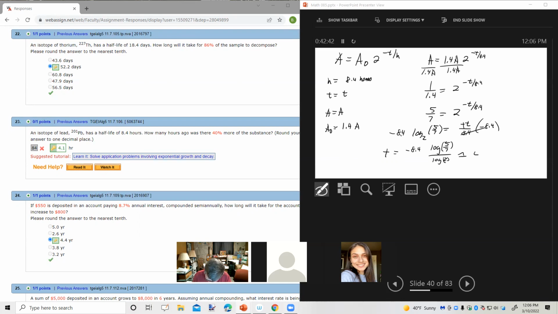And I get 4.0775, etc. It says round to the nearest 1 decimal place. 7 would round up, so you get 4.1 hours. Okay. Any questions on that one?